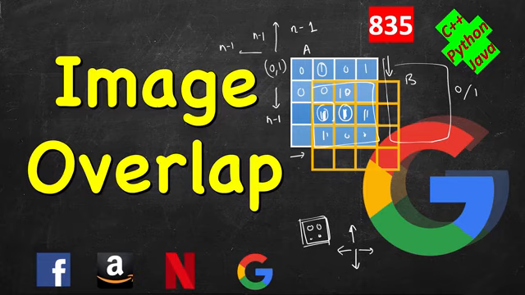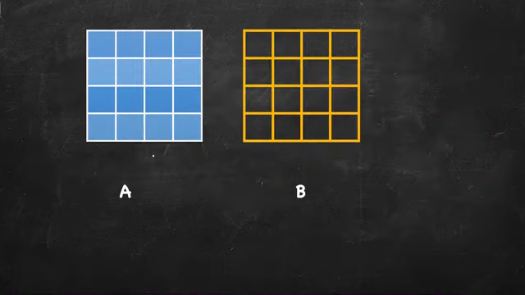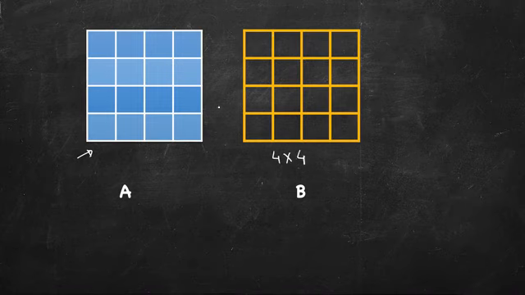So let's see. In this example, I will represent image A by this light blue color and image B by this transparent image with yellow boundaries. Let's say we have 4 cross 4 for this example. In general, it will be n cross n. We can keep one of them fixed.